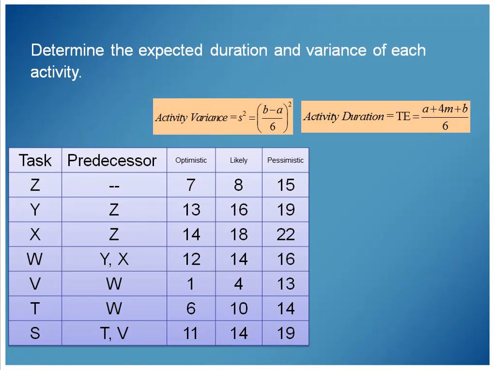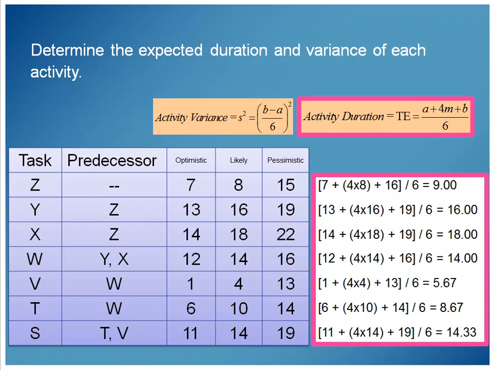And we can do the activity duration by just saying it's the optimistic plus 4 times the likely plus the pessimistic time, all divided by 6. So basically we're weighing the most likely value 4 times more heavily than the optimistic and the pessimistic.